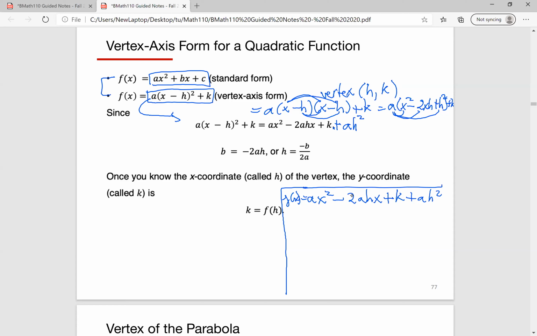From the original one, I have f(x) equal to ax squared plus bx plus c.